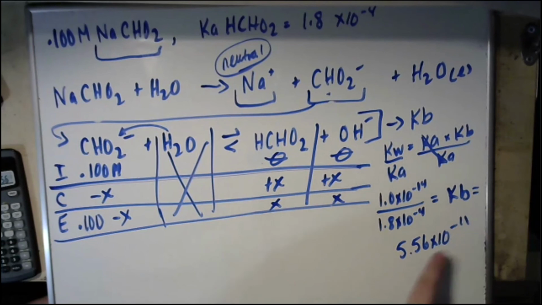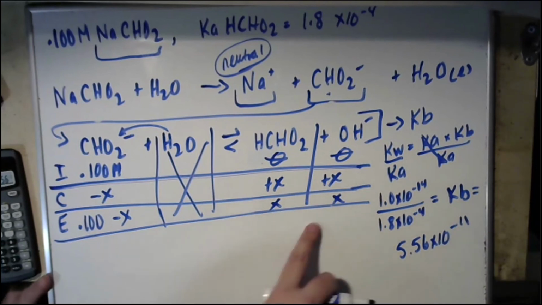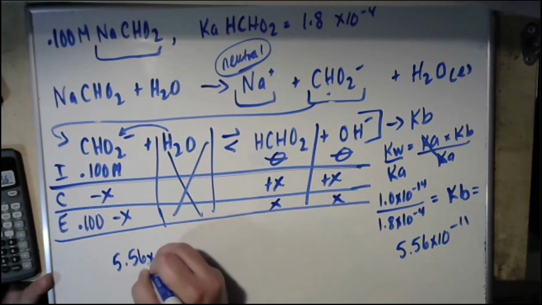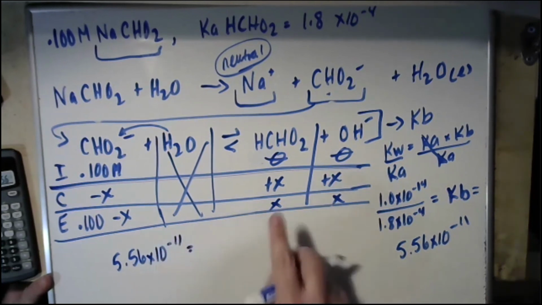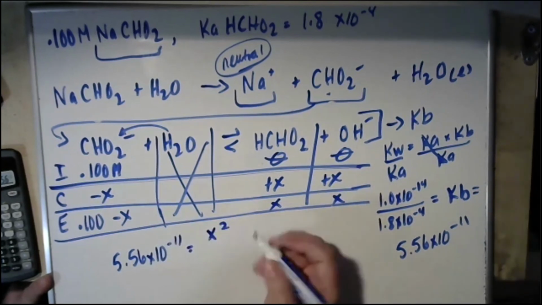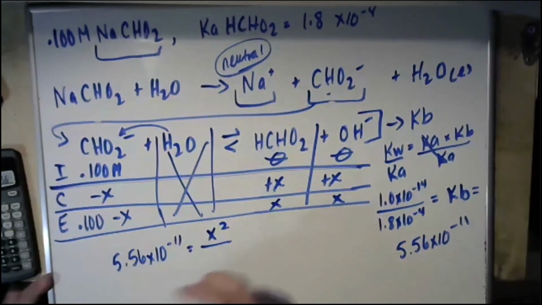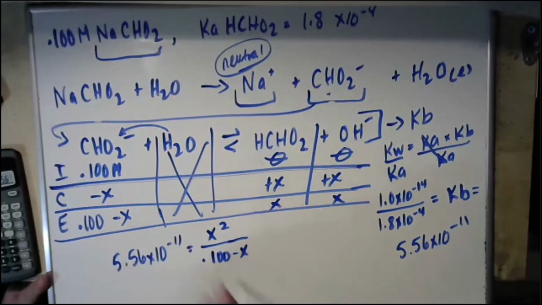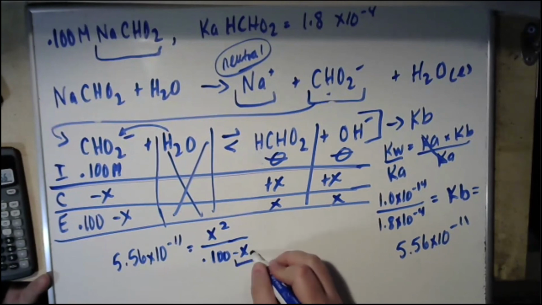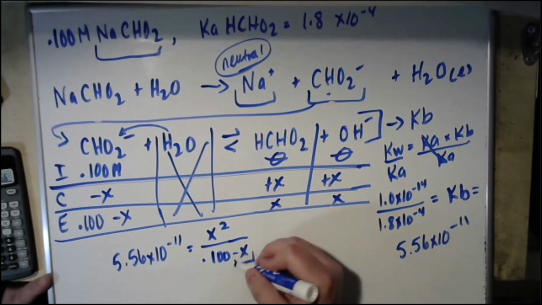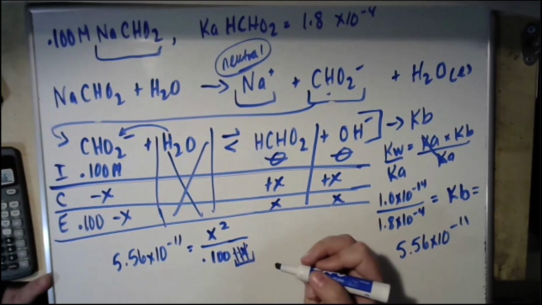So now that I have my Kb value, I'm going to set up my K expression. So 5.56 times 10 to the negative 11 equals my products, x times x, or x squared, divided by my reactant, raised to any coefficients, but there aren't any. I'm going to assume that this x value is small enough that I can remove it from my calculation, and I'll double check that.